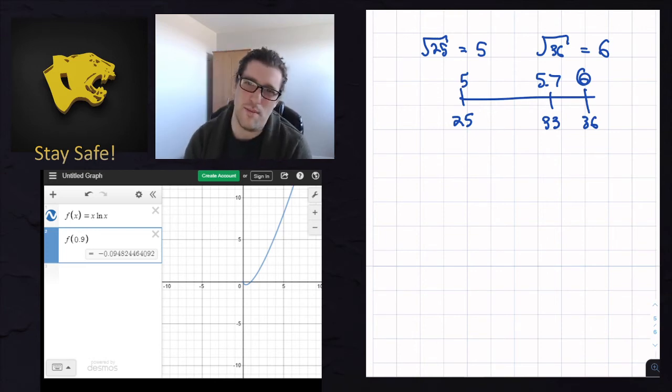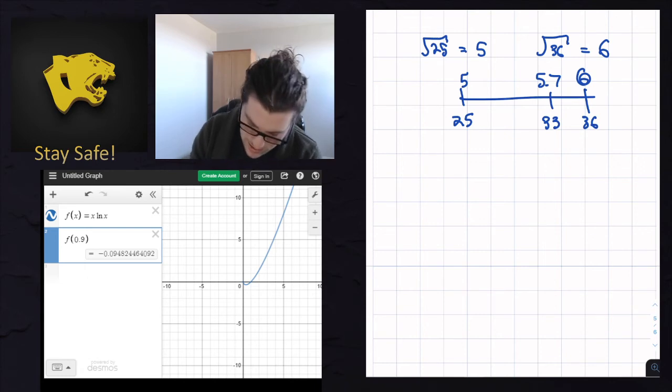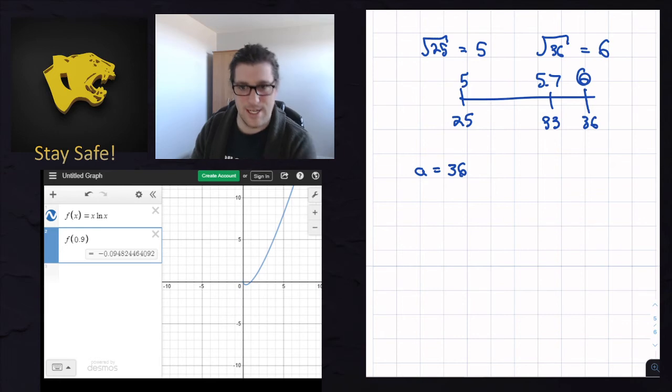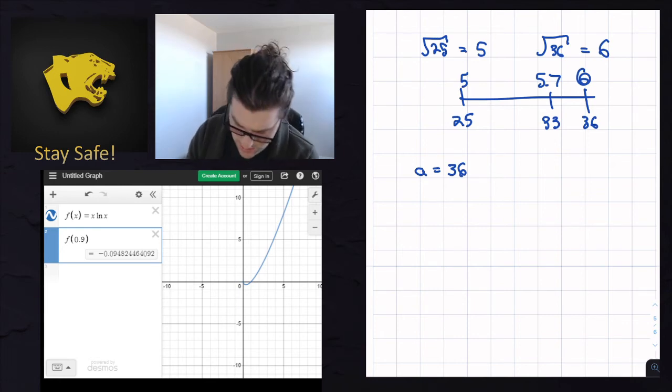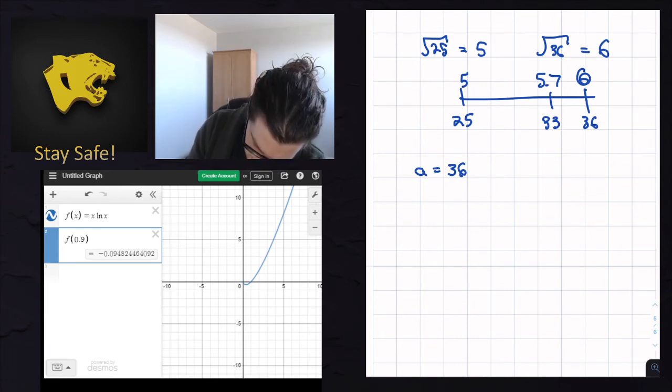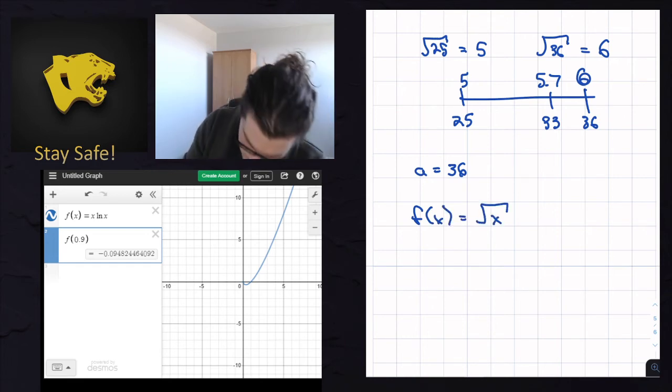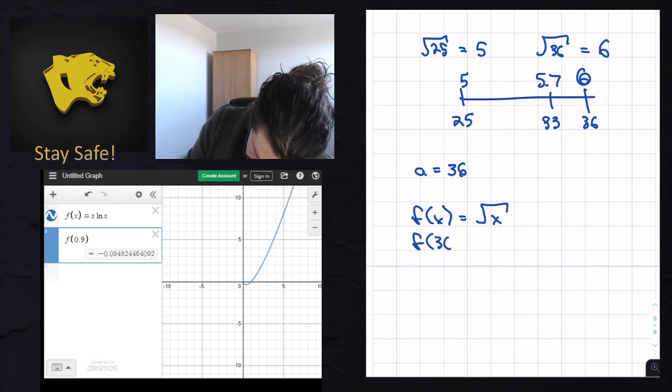Because it's quite a bit closer to 36 than it is to 25, I'm going to pick an a value to be at 36. And my function is going to be f of x is equal to the square root of x. So I know that f of 36 is equal to 6.